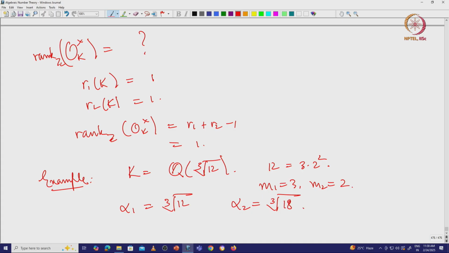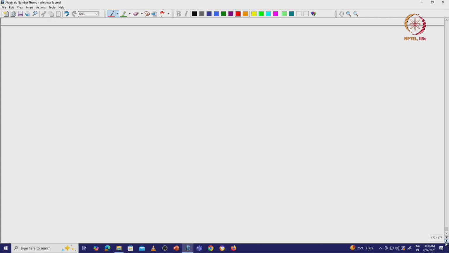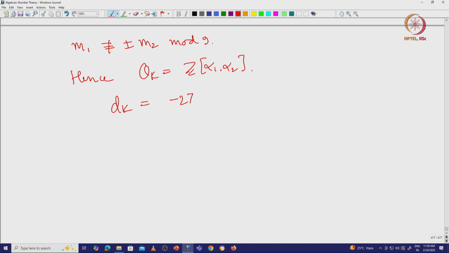So, you see that M1 is not congruent to plus or minus M2 mod 9. Hence, the ring of integers of this is Z alpha 1 alpha 2, right, and discriminant is minus 27 into 3 square times 2 square, which is minus 27 into 9 into 4, yeah, which is whatever it is.